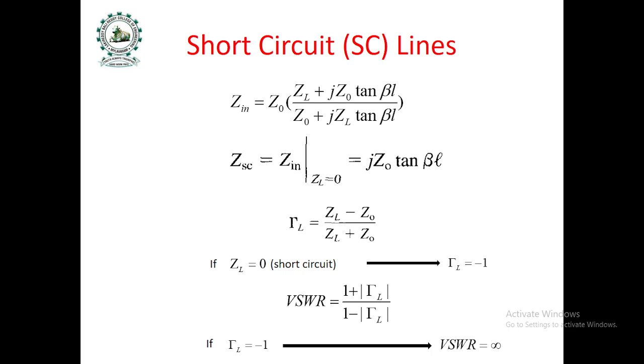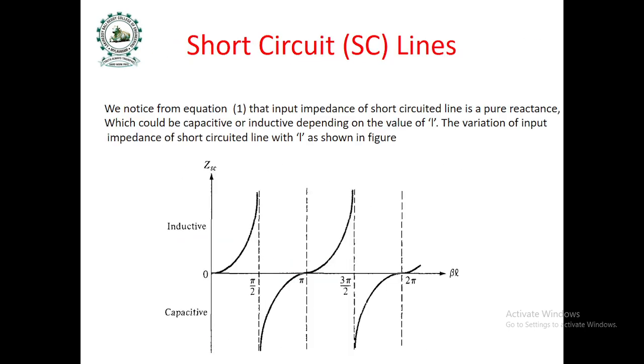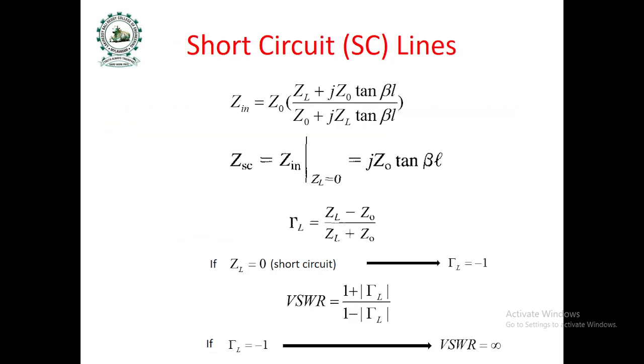Coming to short circuit transmission lines. Short circuit transmission line means load impedance ZL equal to 0. Then the input impedance of short circuit transmission line is equal to jZ0 tan beta L. For short circuit transmission line, VSWR equal to infinity, reflection coefficient equal to minus 1.